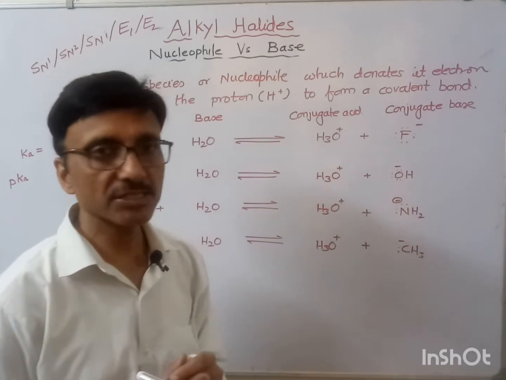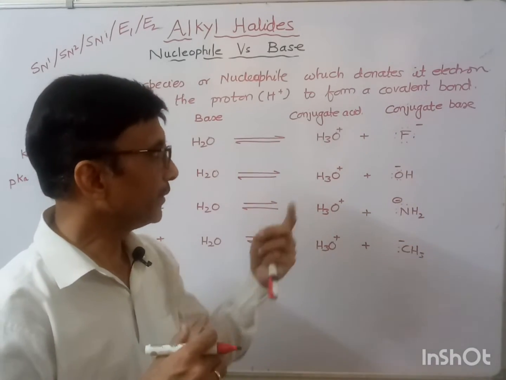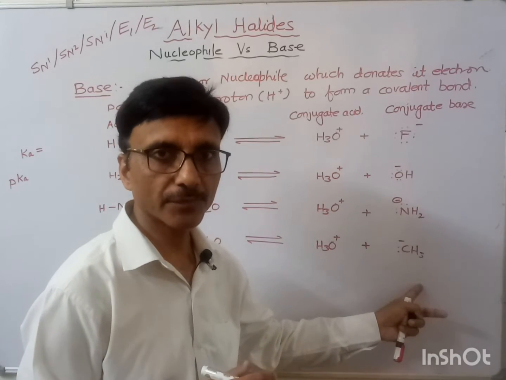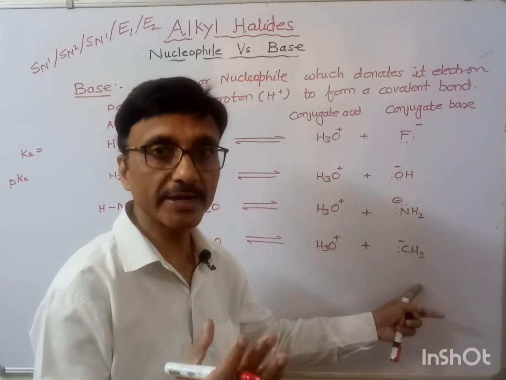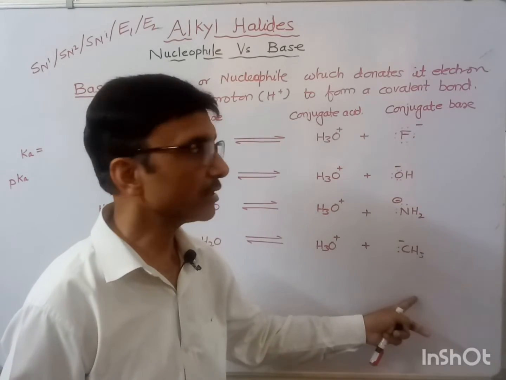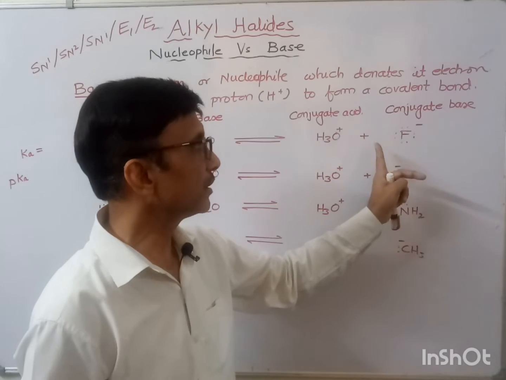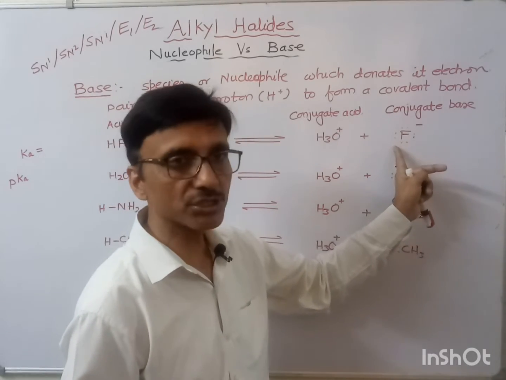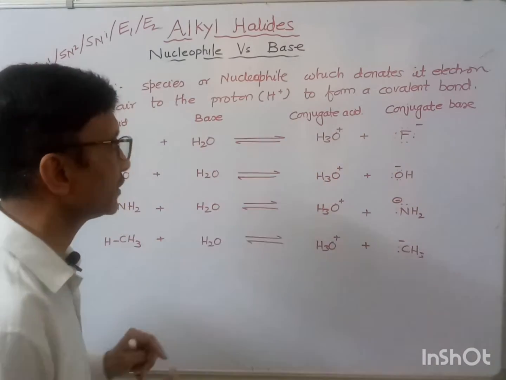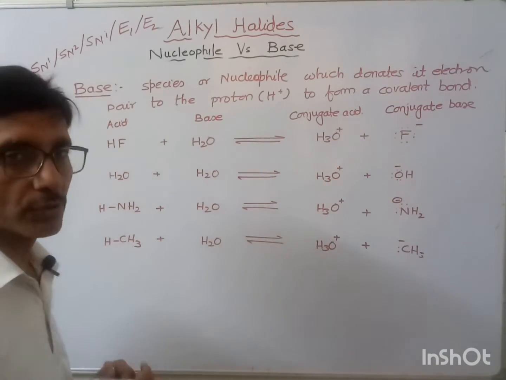Which negative charge species is more stable? We have to find out which negative charge species is more stable. The negative charge species which is more stable will give you the most favorable reaction.